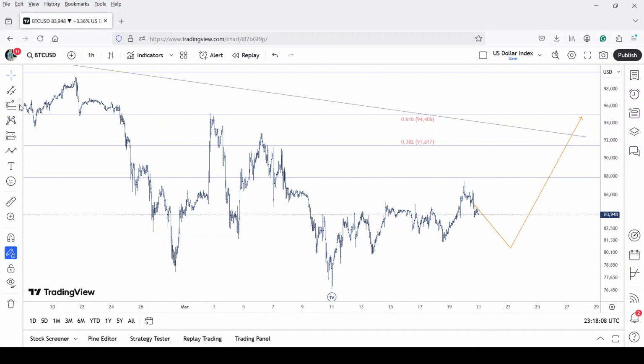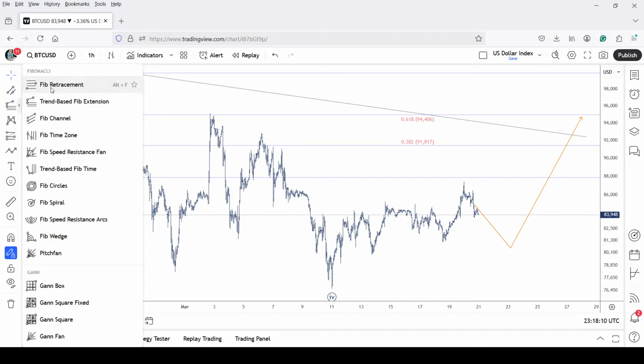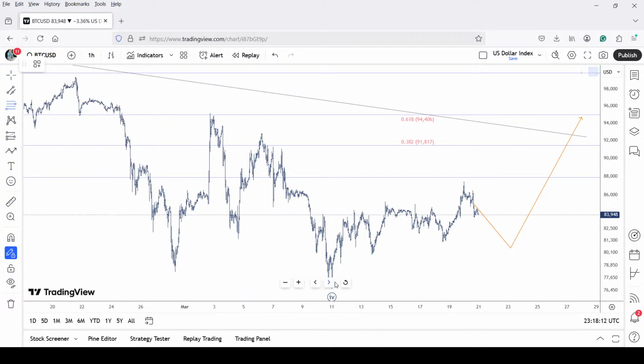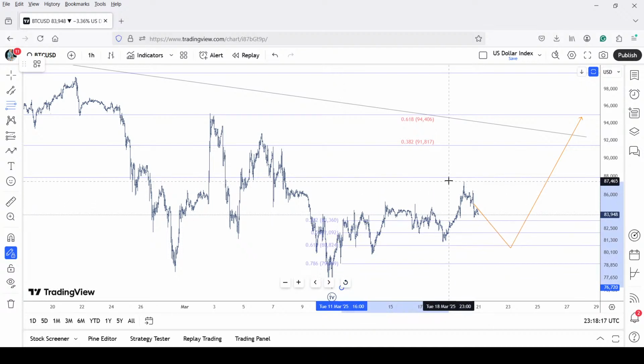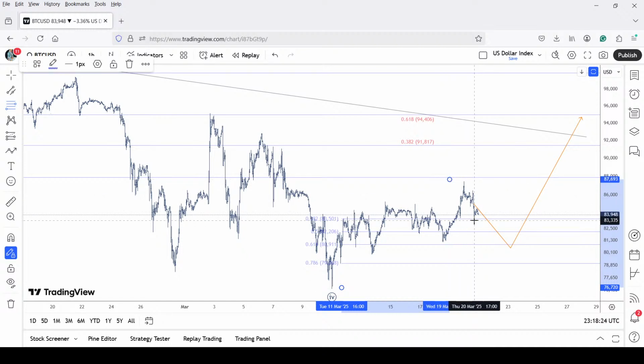I don't know. It's done 38.2%, or it's in a counter trend rally. So we've got to be a bit careful in terms of price and entry. It's just around 38.2 now. Possibly we will allow some more correction towards 80,000 or 81,000.